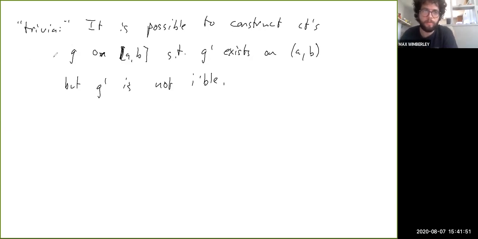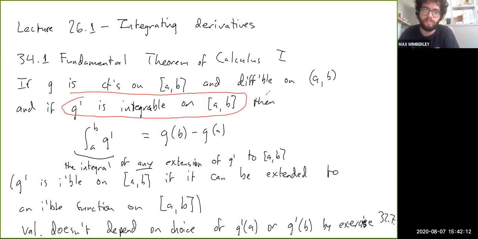Believe it or not, the construction is hard, so I'm not going to go through it. But these functions do exist. It's very exotic and very hard to visualize. So we actually need to assume that G prime is integrable. We're not just assuming that for convenience; we have to make that assumption because it might not be true if we don't.